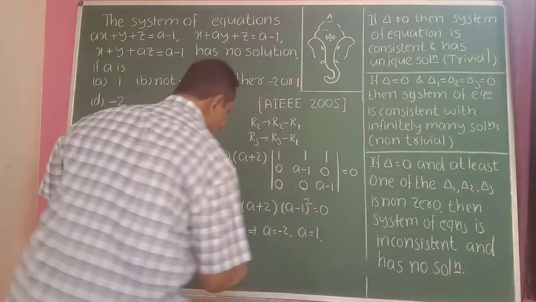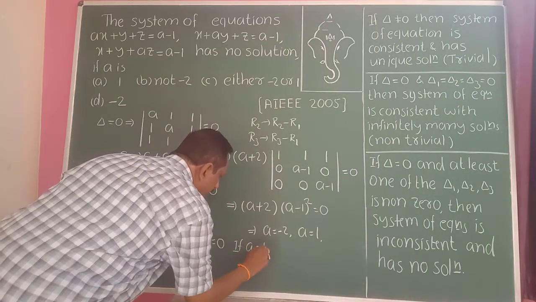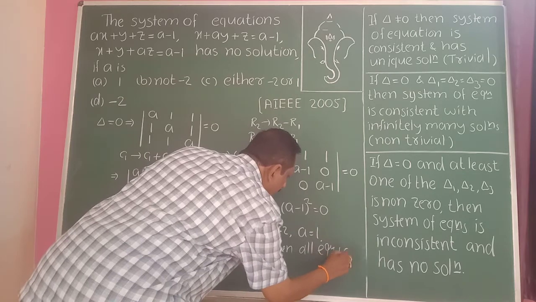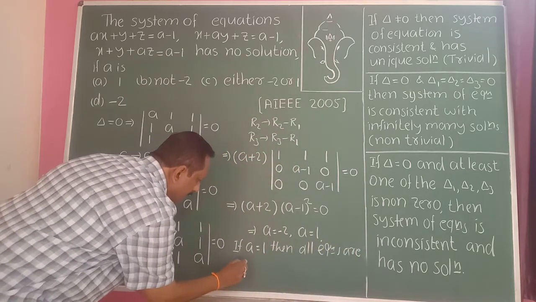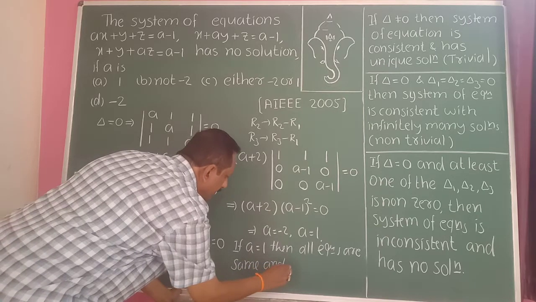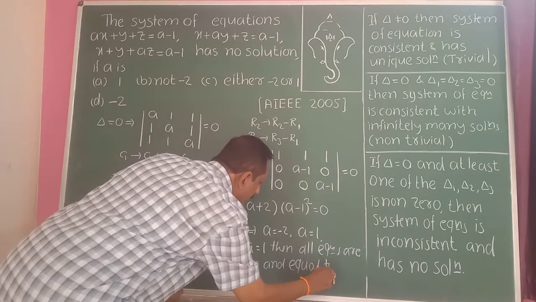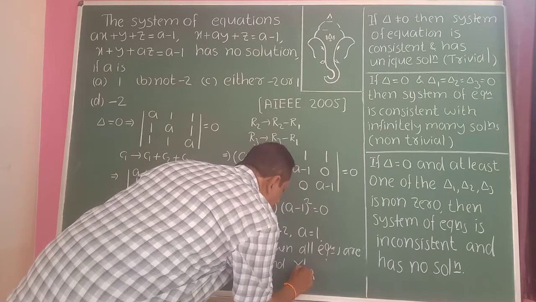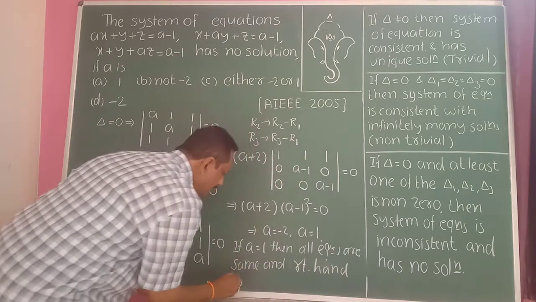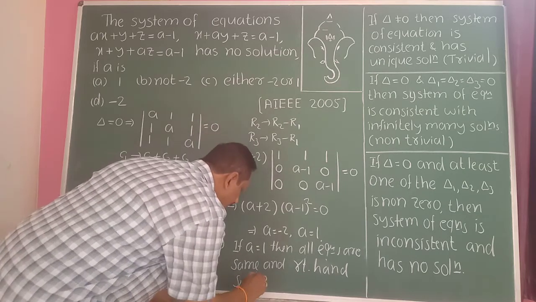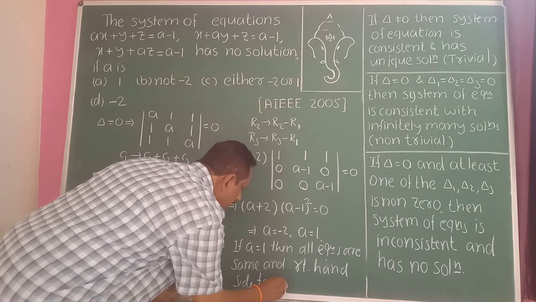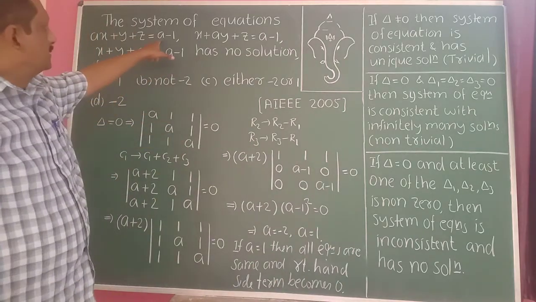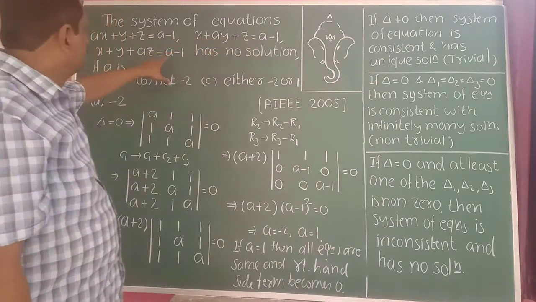If A is equal to 1, then all equations are the same and the right side term becomes 0.